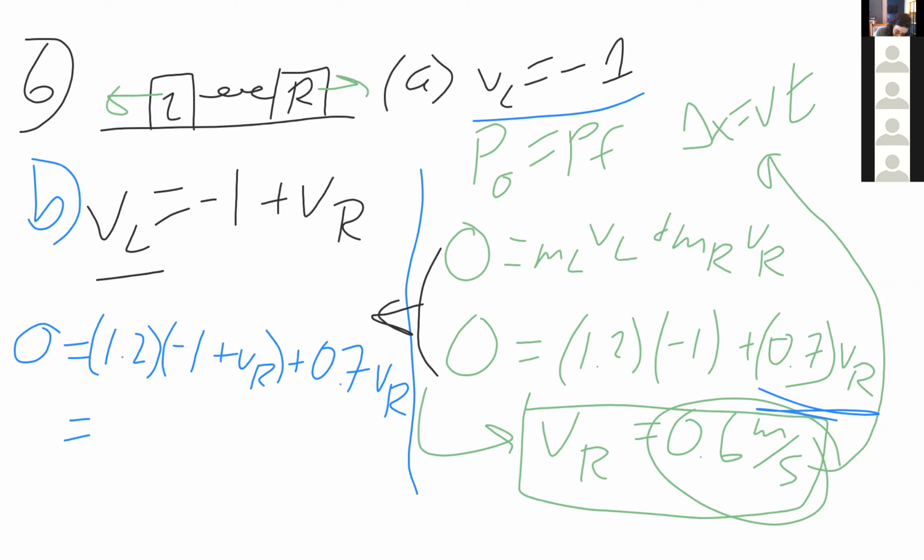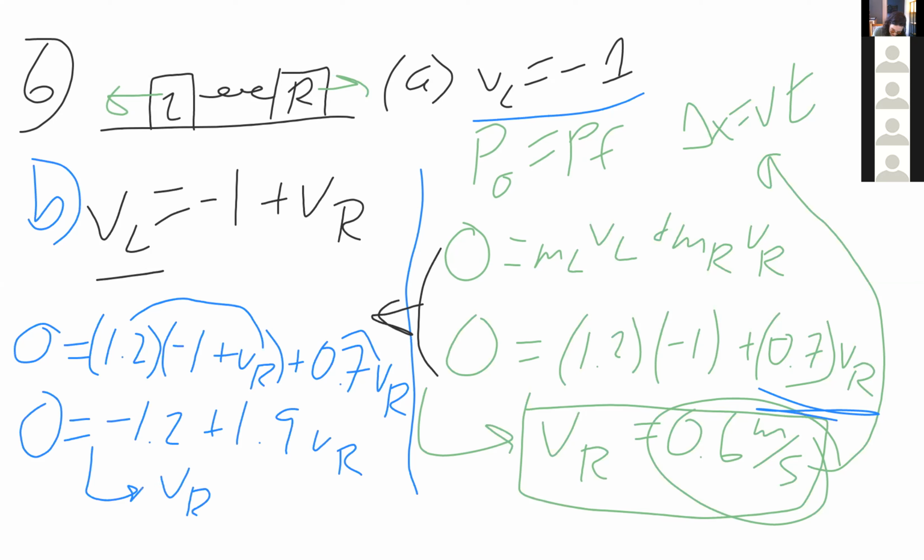What will this give me? -1.2 plus 1.2 v sub R plus 0.7 v sub R would be 1.9 v sub R. And then, of course, this is equal to 0 on the other side, and you solve from here. V sub R will still be positive.